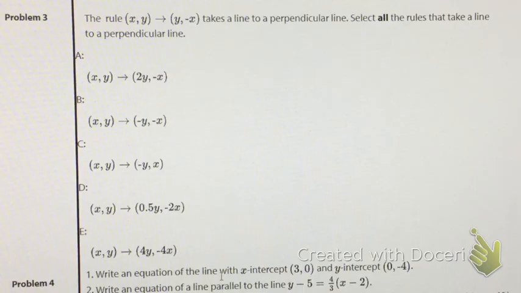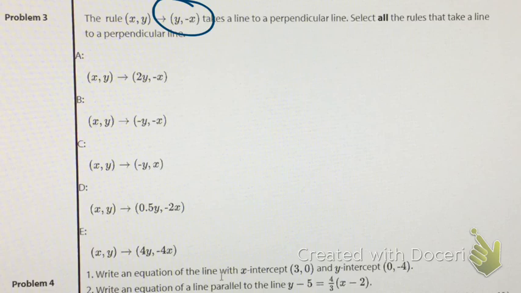Let's see what else we got here. We're at 10 minutes, so we're nearing the end of this one. This is the rule right there that takes a line to a perpendicular line. So select all the rules that take a line to the perpendicular line. So basically, if y and x switch places, that's going to happen most of the time.